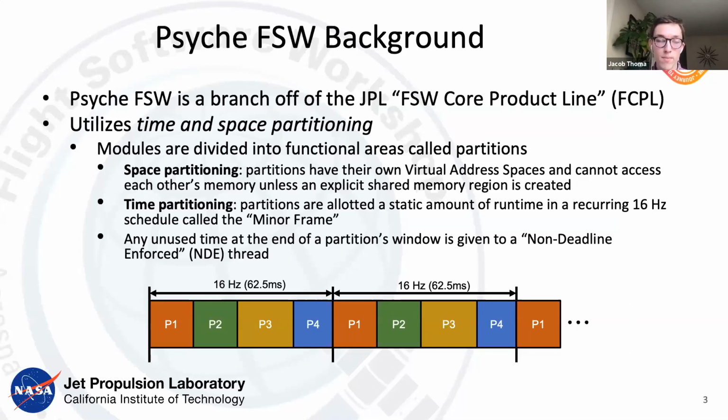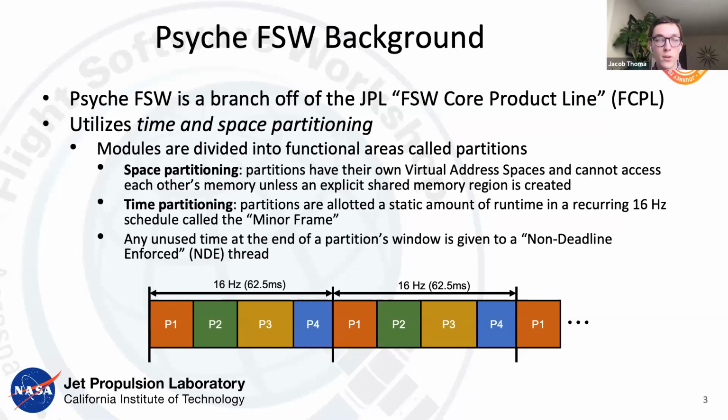The time partitioning side of it is that partitions are allotted a static amount of runtime in a recurring schedule called the minor frame. So I drew up kind of a little example down there. You can see these 4 example partitions are running in this recurring schedule, and they each have a static window to run in. And then within each individual partition window, there's basically a main thread that does all the processing, and that has to finish before the end of the partition window, or flight software will reset.